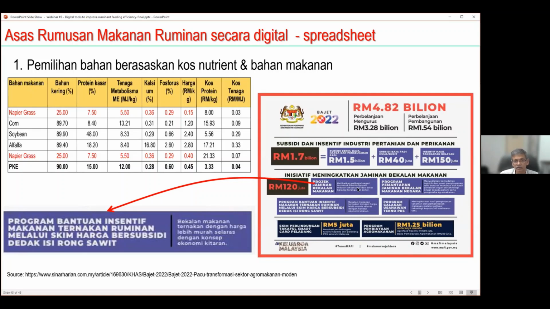If it can reduce, I think at one time they were talking about 45 cents per kilo, meaning 450 ringgit per ton. Then you can see how much we can save on our cost. So this is one initiative.